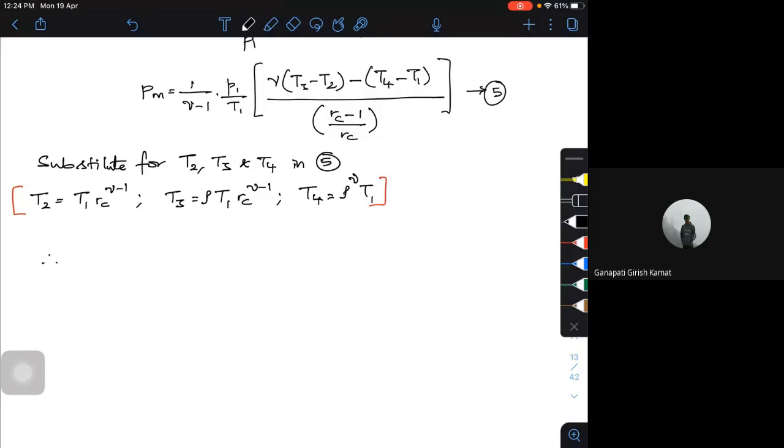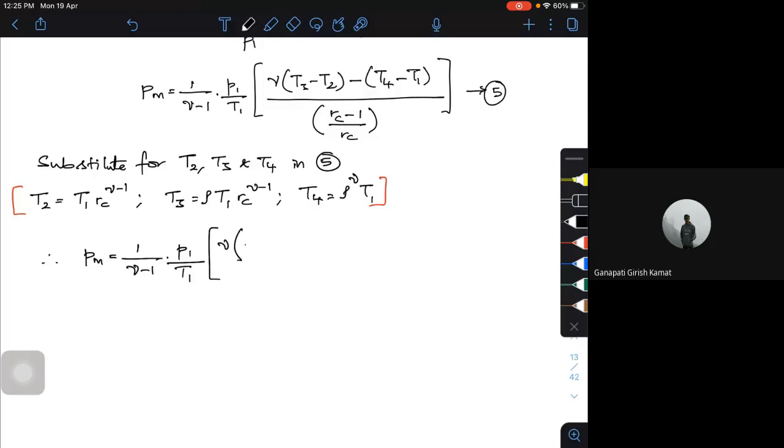So therefore, your mean effective pressure Pm is equal to 1 by gamma minus 1 into P1 by P1 into, T3 I am going to substitute.